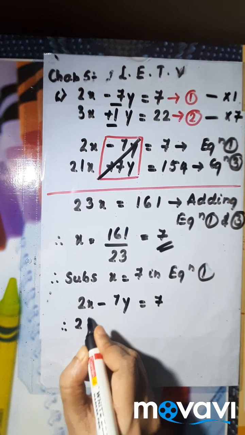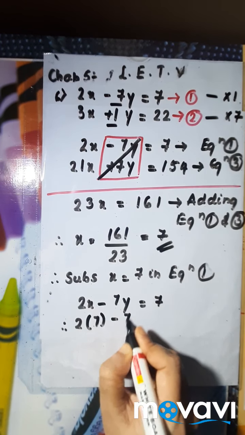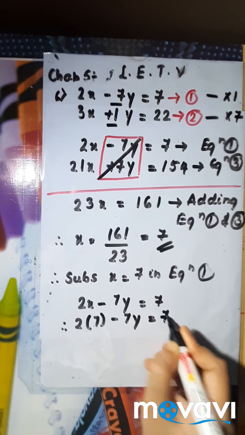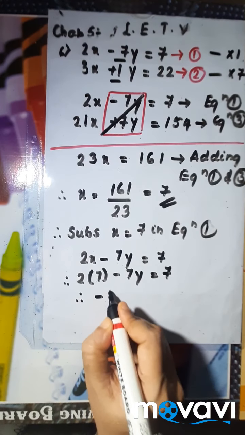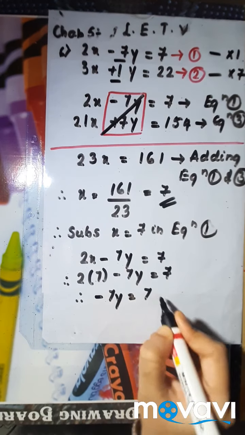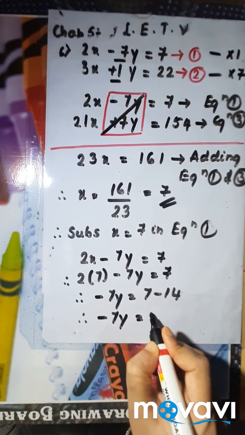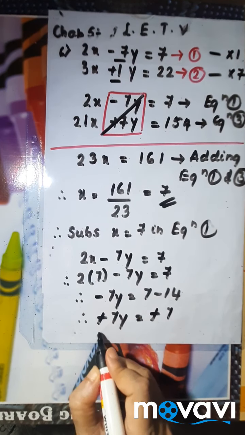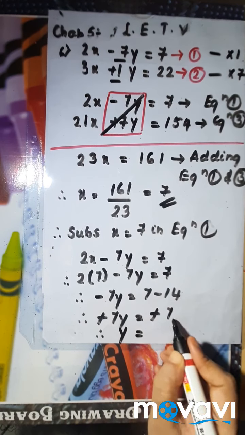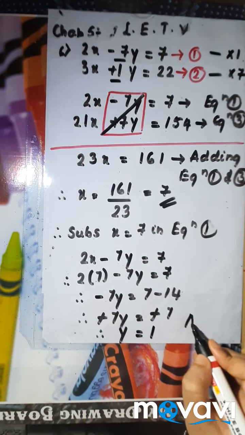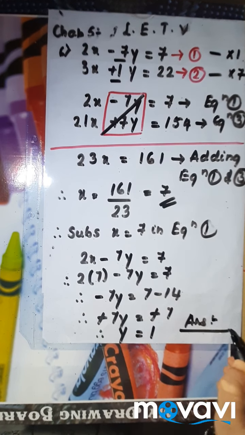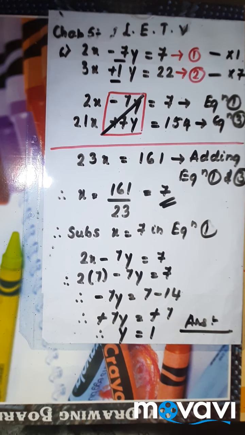Therefore, 2 into 7, 14, minus 7y equals to 7. 7 minus 14, minus 7y equals to minus 7. Minus minus cancels, so y is equal to 7 upon 7, 1. Please write the answer statement. For the last two sums, I have not written the answer statement. What is the answer statement? X equal to 7 and y equal to 1 is the solution of the given equations.